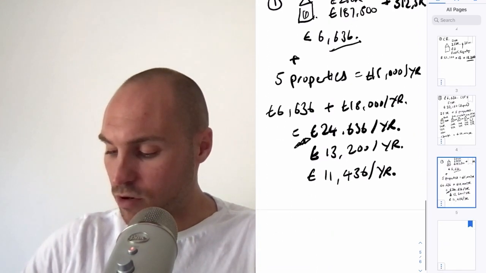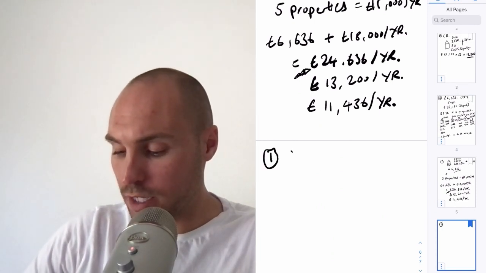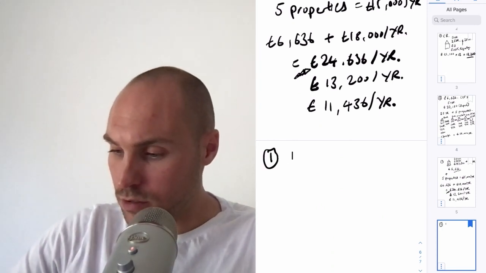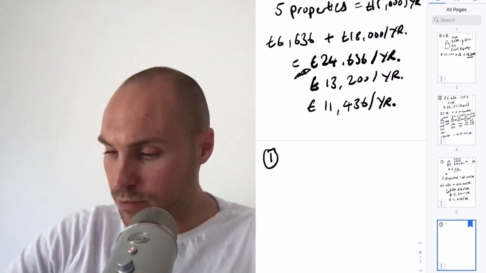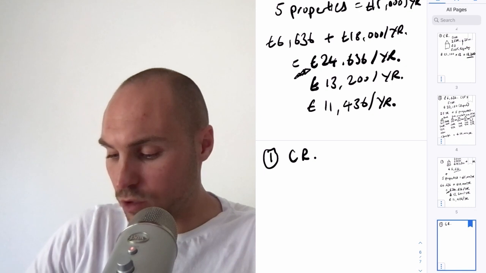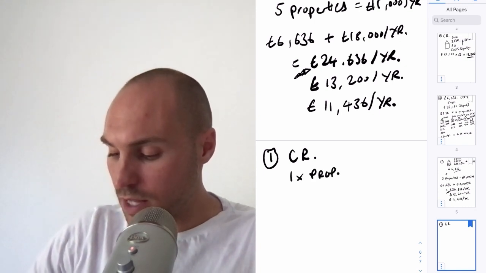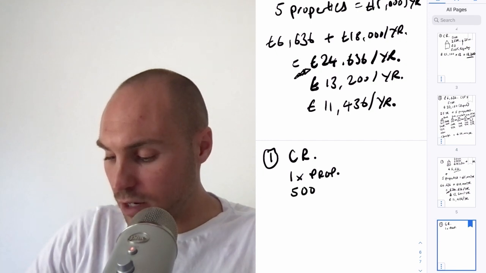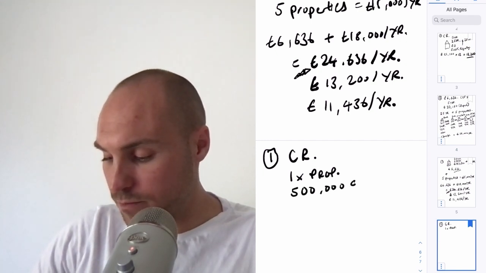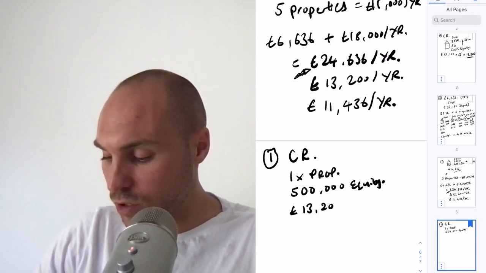So let's summarize then. In example 1, where we bought on capital repayment, these are the results. We had one property that had £500,000 of equity in it, because that's what it was worth, and it was making us 13,200 a year in net cash flow.